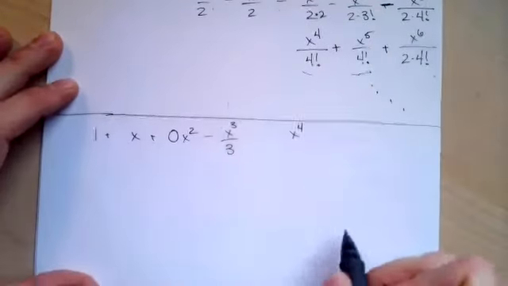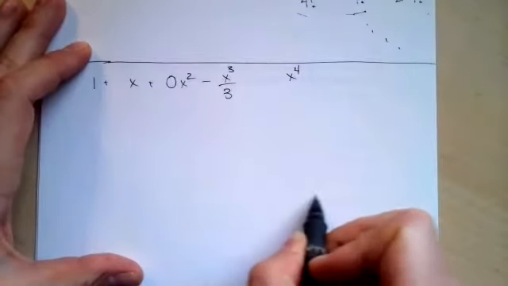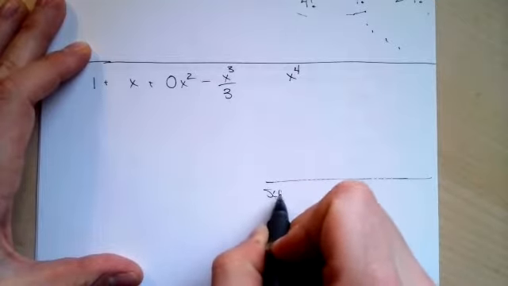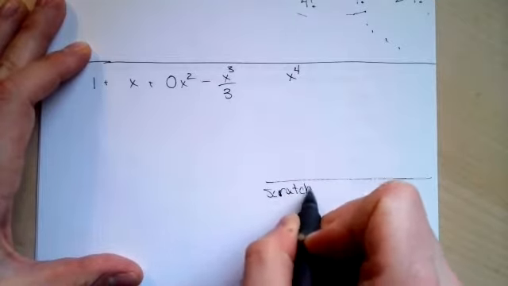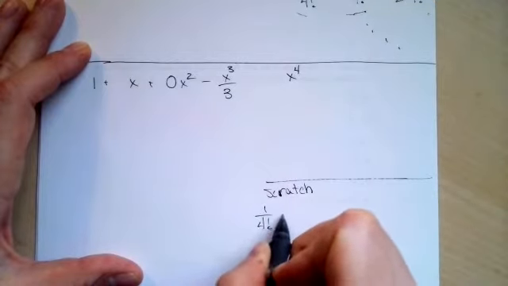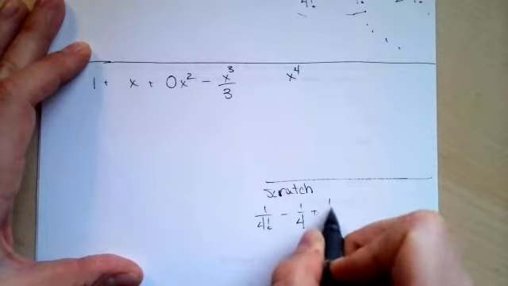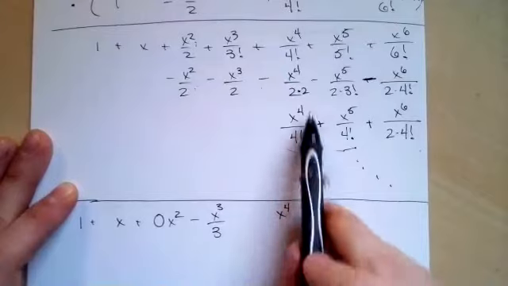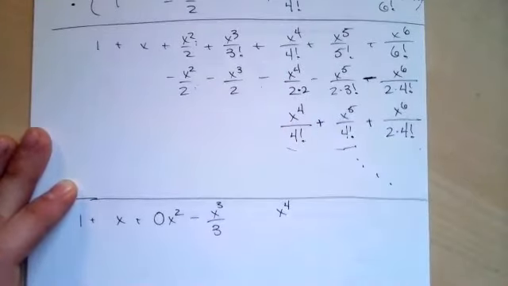And let's just make a little space for some scratch work down here. So we had 1 over 4 factorial minus 1 over 4 plus 1 over 4 factorial are the coefficients that we're trying to combine.